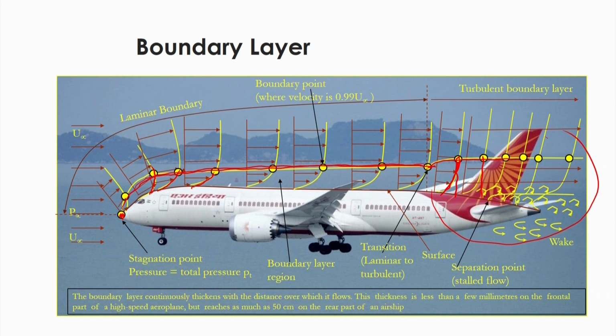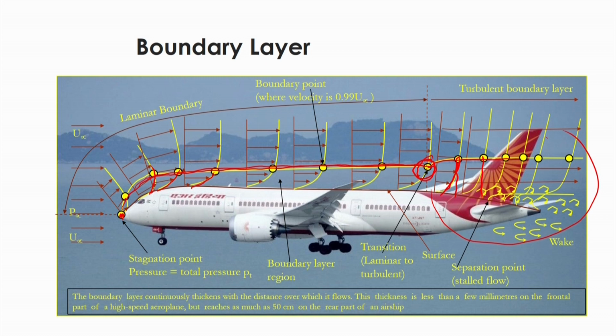Now, we are observing that there is a point where the laminar boundary layer changes to the turbulent boundary layer. Where is that point? This point is denoted as the separation point, where the laminar zone converts to the turbulent zone.